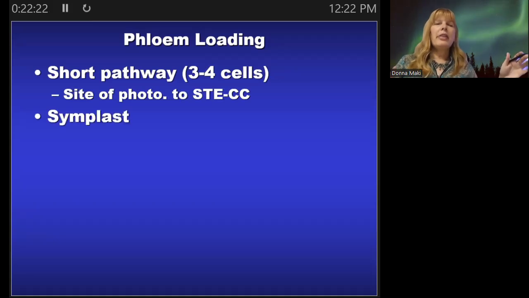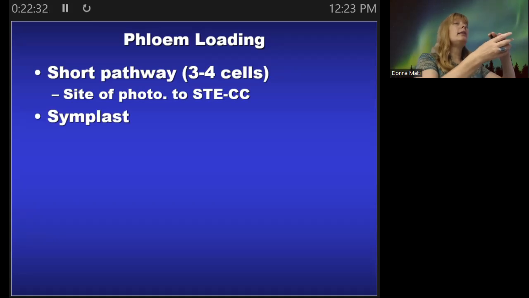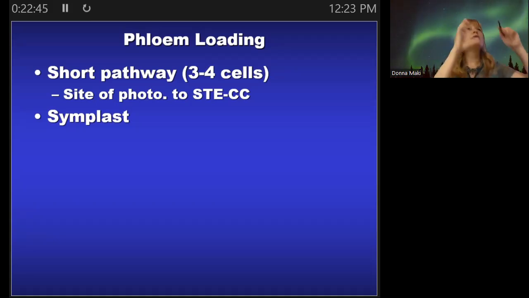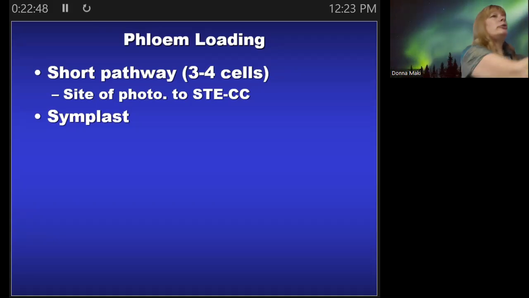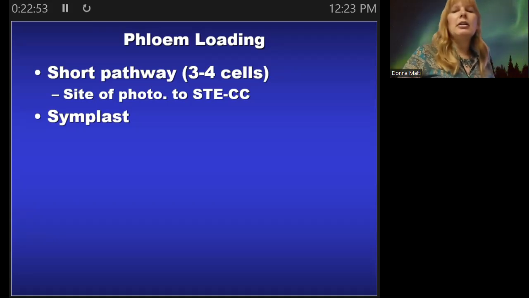So they thought, well, it makes sense that it would go via the symplast. If it's being made in the cytoplasm, and we know symplast movement of water or sugars, how is that happening? The plasmodesmata. Those are the internal tunnels from cell to neighboring cell. So if sucrose is getting made in the cytoplasm of one cell, it makes sense that it would just move through the plasmodesmata into the next cell, and hopefully get quickly to the vein. So that was a top pick.